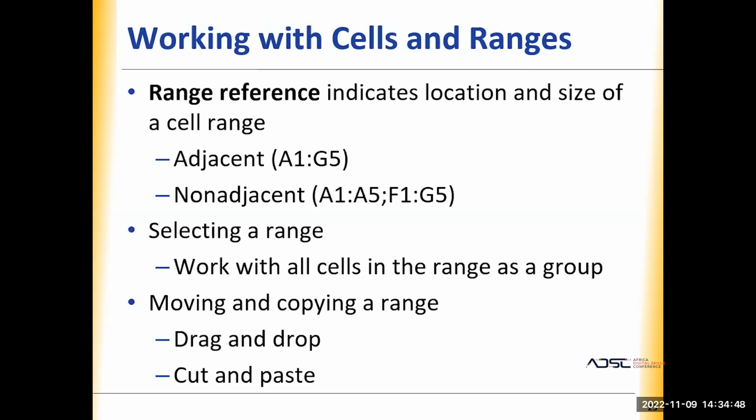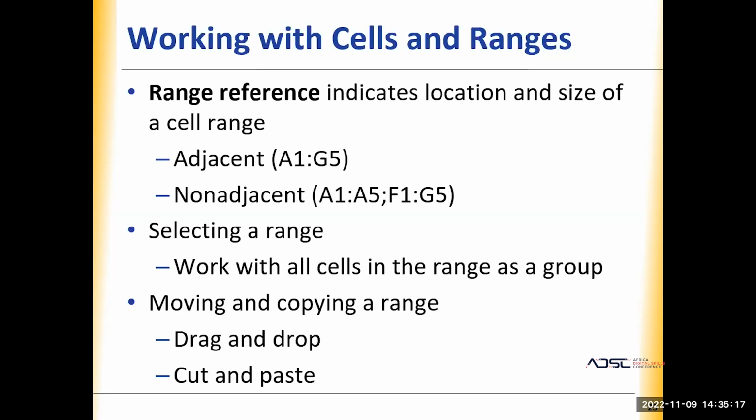So we can select, for instance, from cell A1 to G5, and we say that's adjacent. So they are in line. Then non-adjacent, we can also select A1 to A5, and then from there, we jump to F1 to G5, and we see they are not adjacent because there is a break in between.